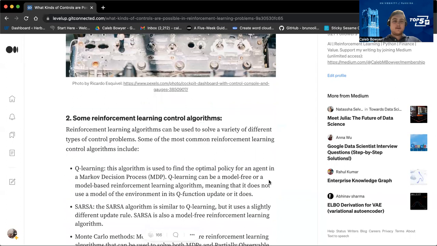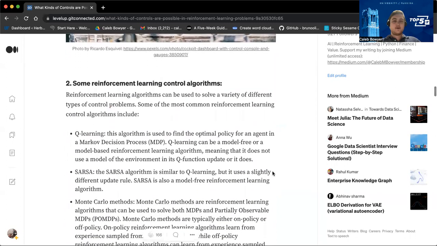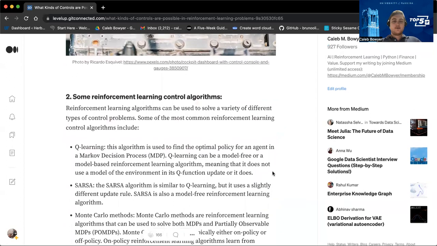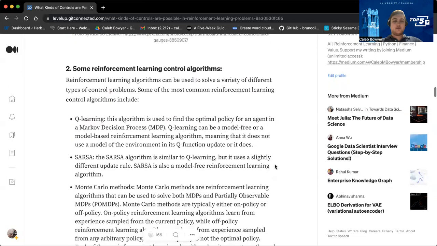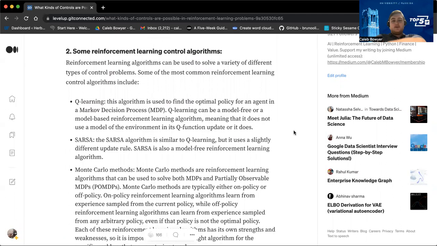Now let's discuss some of the common reinforcement learning control algorithms. RL algorithms can be used to solve a variety of different types of control problems. Some of the most common RL control algorithms include Q-learning, SARSA, and Monte Carlo methods. Q-learning is used to find the optimal policy for an agent in a Markov decision process, an MDP.